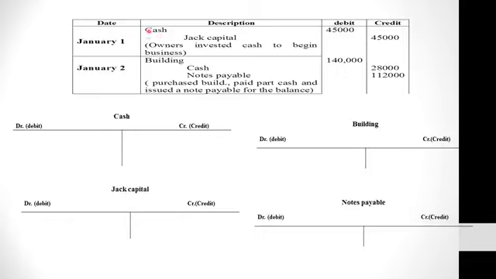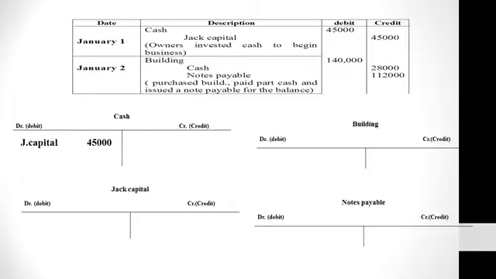We start with cash, which is the first account we have, equal to 45,000 in the debit side. So we're going to move to the cash account. In the debit side, we're going to place 45,000 like this, and we're going to write beside it the opposite account for cash within the entry, which is capital.